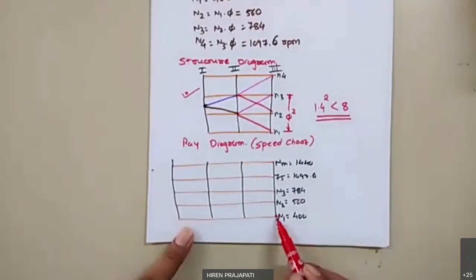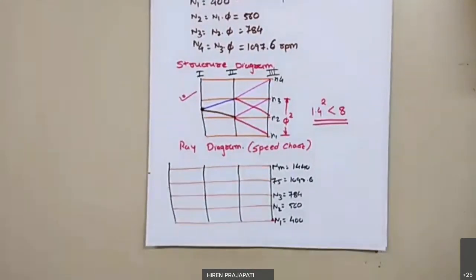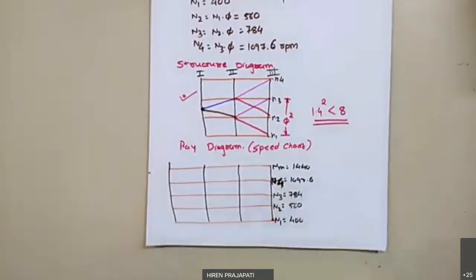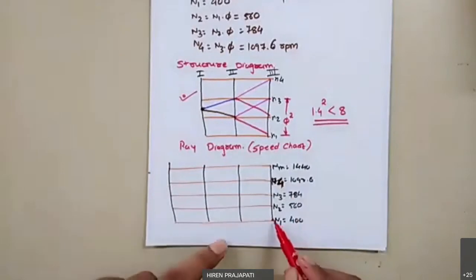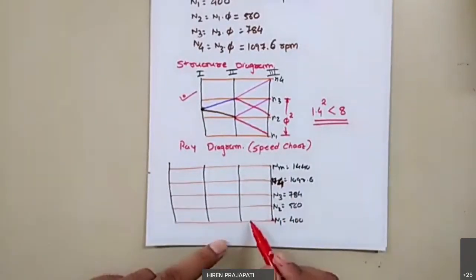Now I can go from N1 to N3, not N1 to N4. I cannot directly go from N1 to N4, though that is acceptable as per the condition because overall reduction is 5:3. Later we'll check the overall reduction.